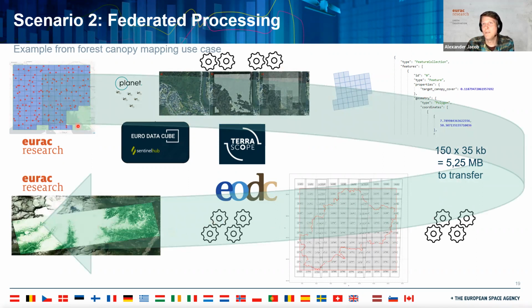In this way, we were working in 3 different backend locations plus our own environment. So basically 4 different environments where this processing has been touched. And that's exactly the kind of complex federated processing that we are currently working on. This is not yet fully operational, but the proof of concept is there, and first results like this one could be achieved now with this.